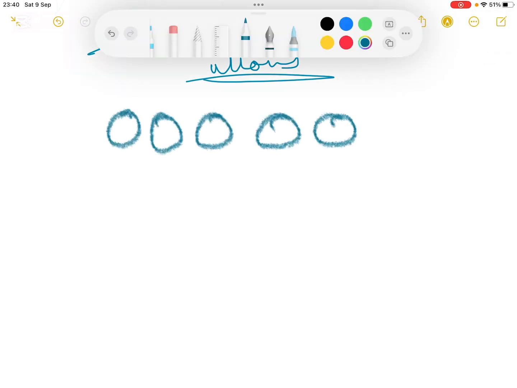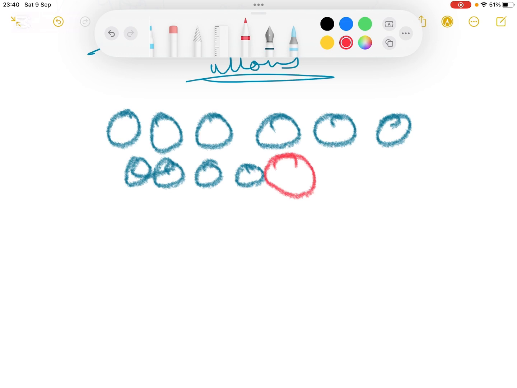These are big, for example, and then you have smaller ones. You have a red one in between. Then imagine this color is the same as this. Then you have smaller ones, then a red one again, then blue again.